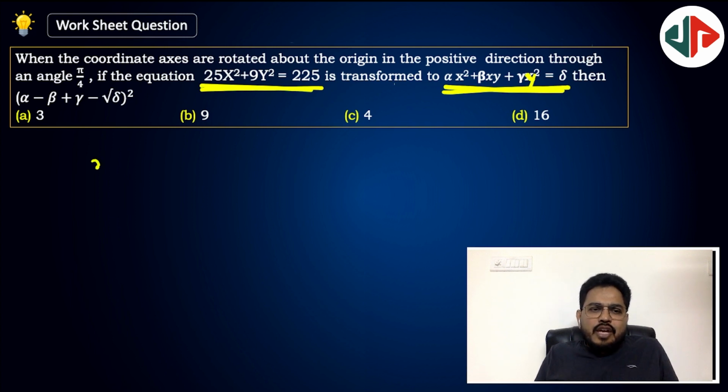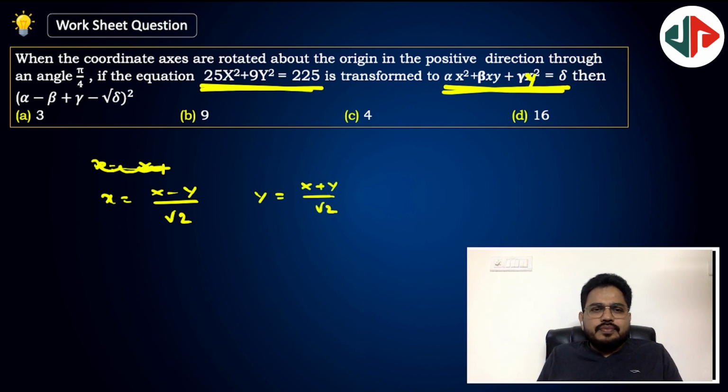So small x is equal to capital X cos theta minus capital Y sin theta. So x is equal to X minus Y by root 2. And small y is equal to capital X plus Y by root 2. So this is 25 by 2 times of X minus Y whole square plus 9 by 2 times of X plus Y whole square is equal to 225.